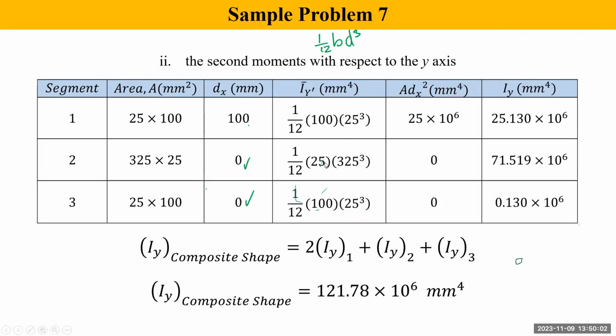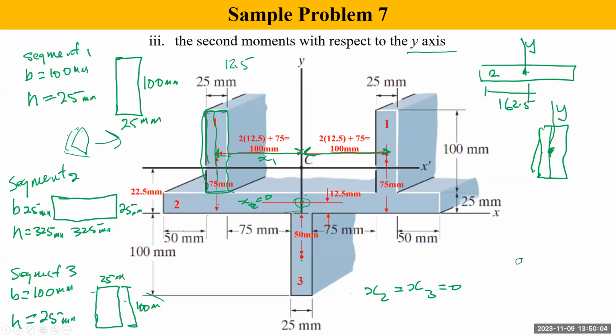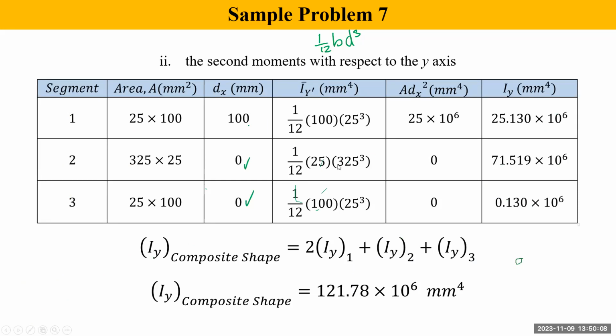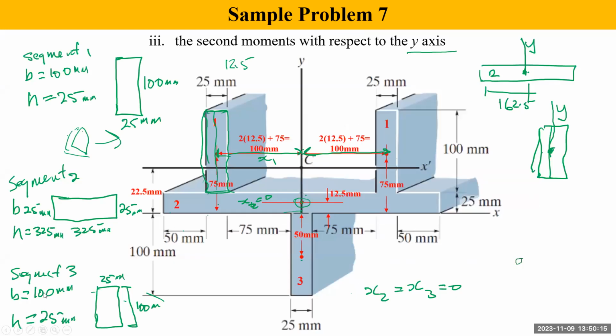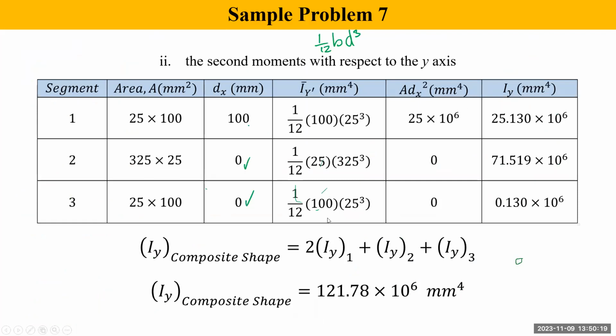Remember, this one was B times H, the C says B times 325 cubed. And the last one, the breadth is 100 and the height is 25, so you have 100 times 25 cubed.